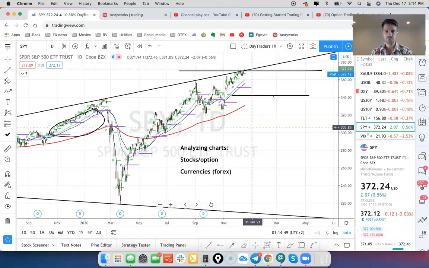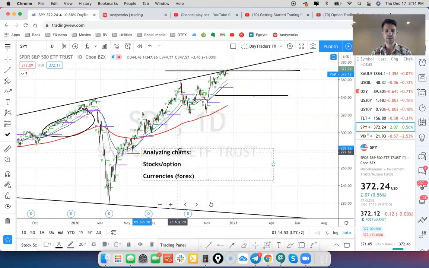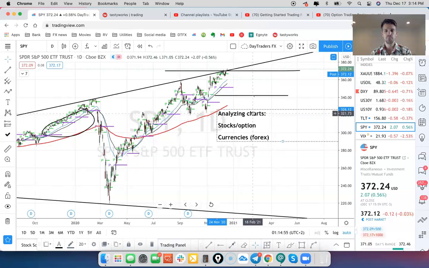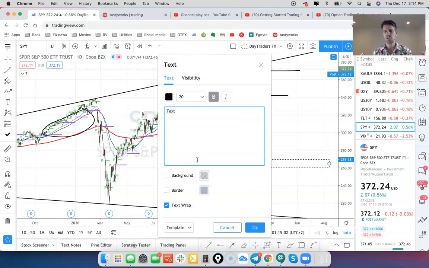Technical analysis, let's discuss this for just a moment so we can be totally clear on this. The two main types of approaching any kind of trading are technical analysis and fundamental.